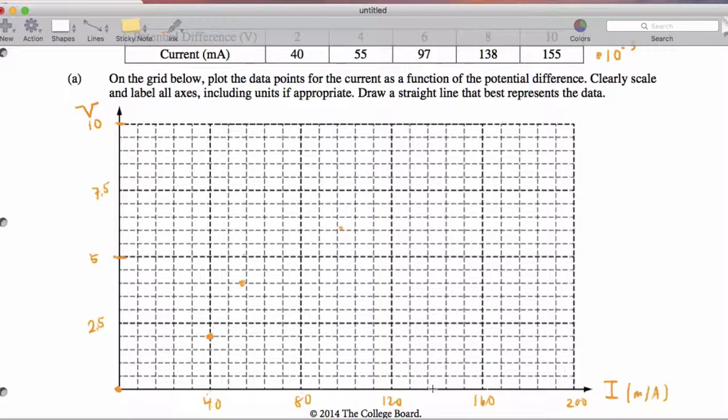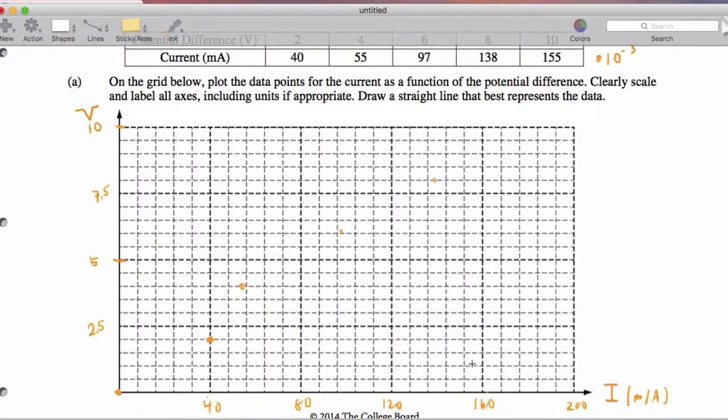So about right there. Will be at a voltage of 8 volts. And lastly, we're at, 128, 136, 144, 152. So about 155 right there, we're at a voltage of about 10 volts.